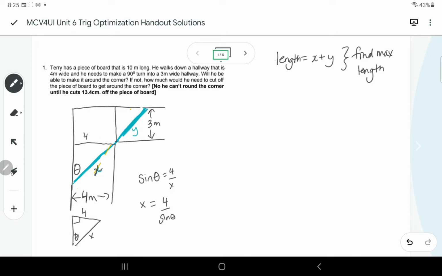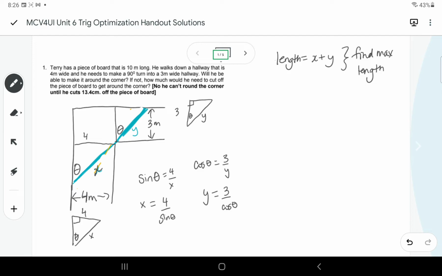If I make this triangle here, hopefully you can see that this is like an F pattern with these two parallel lines and this transversal, so this angle would also be theta. So if I look at this triangle here, I'd have 3, theta, and y. And then that would tell me that cos theta is equal to 3 over y, or y equals 3 over cos theta. So that's going to be my expression for x and y in terms of theta.